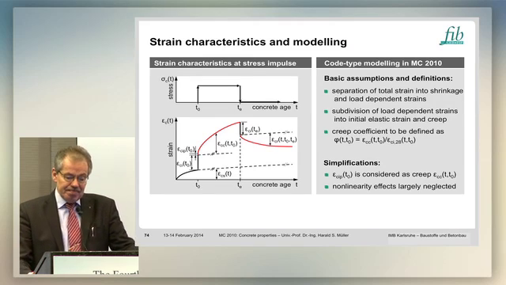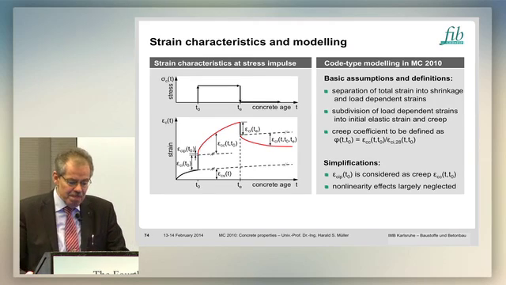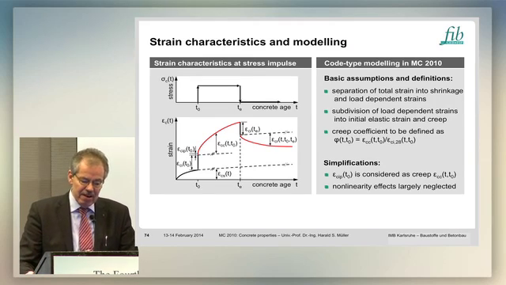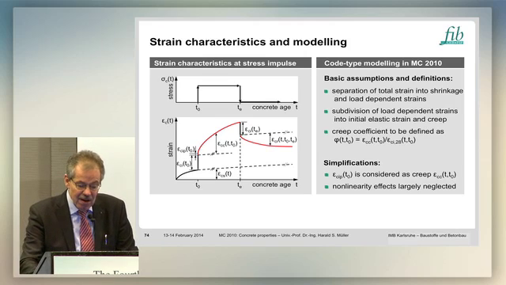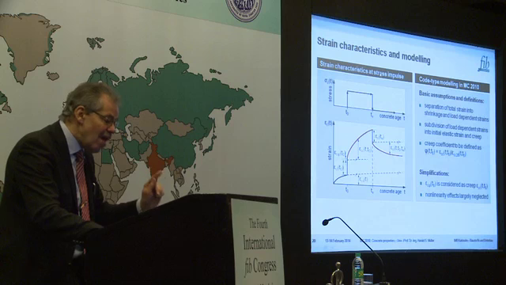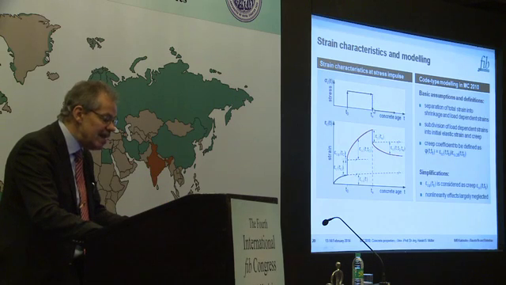So when modeling creep and shrinkage and the strain characteristics, we had to make some basic assumptions for the model code. And these basic assumptions are given here on the right-hand side, and again on the left-hand side, I show you the strain characteristics, but now at the stress impulse where I include the unloading where you have the recovery part.